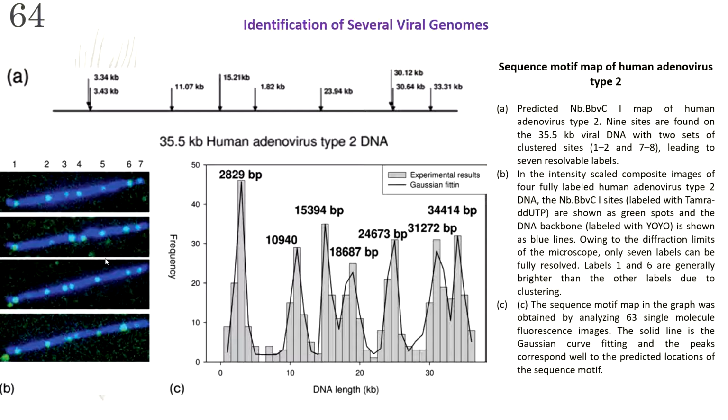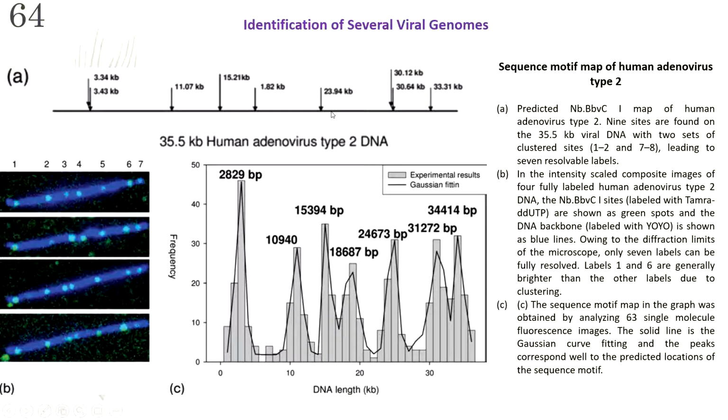Now the genome of human adenovirus is 35.5 kb long, and the distribution of the BbvCI sites is shown in this particular figure. These are the points where the BbvCI sites are present.